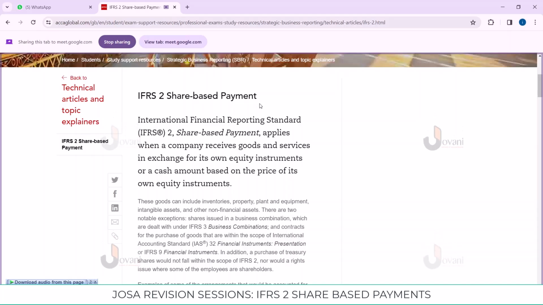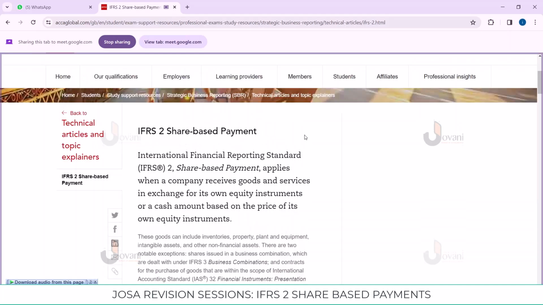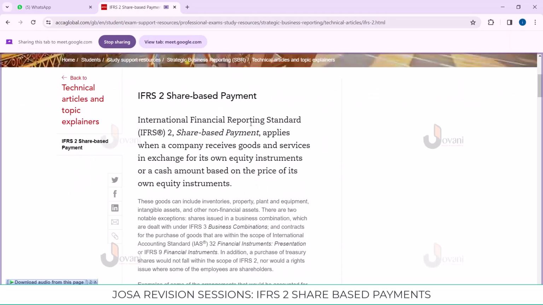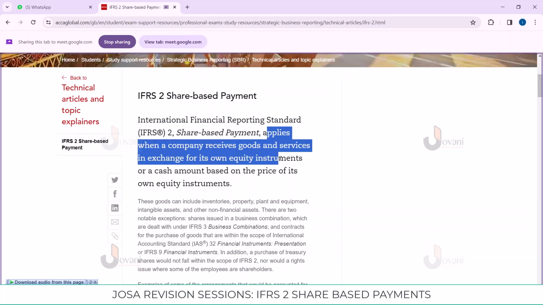So as I said, we are going to use this article to demystify any query or any issue about IFRS 2. We can see that we are told this standard applies when a company receives goods and services in exchange for its own equity instruments, that being the first mode, or a cash amount based on the price of its own equity instruments.